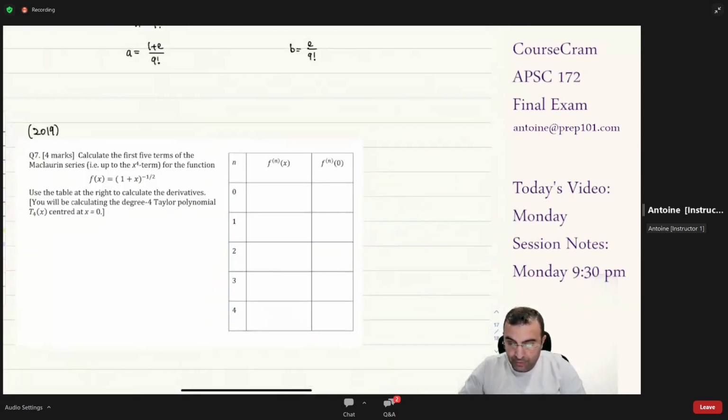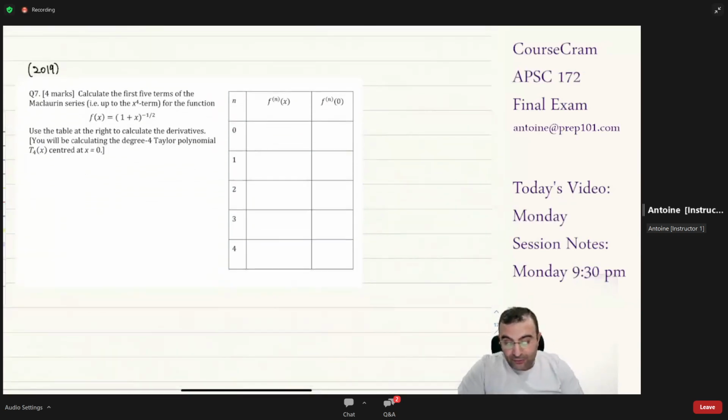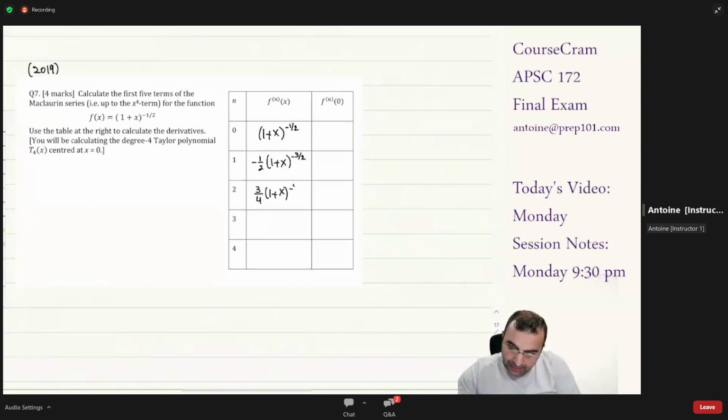Okay, so calculate the first 5 terms of the Maclaurin series. So the function is 1 plus x to the minus half. So the first derivative is minus a half 1 plus x to the minus 3 halves. Then 3 over 4, 1 plus x to the minus 5 halves.